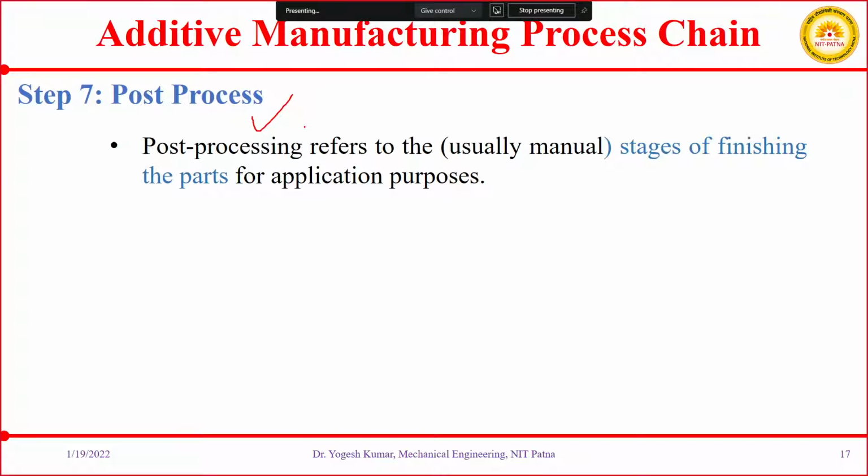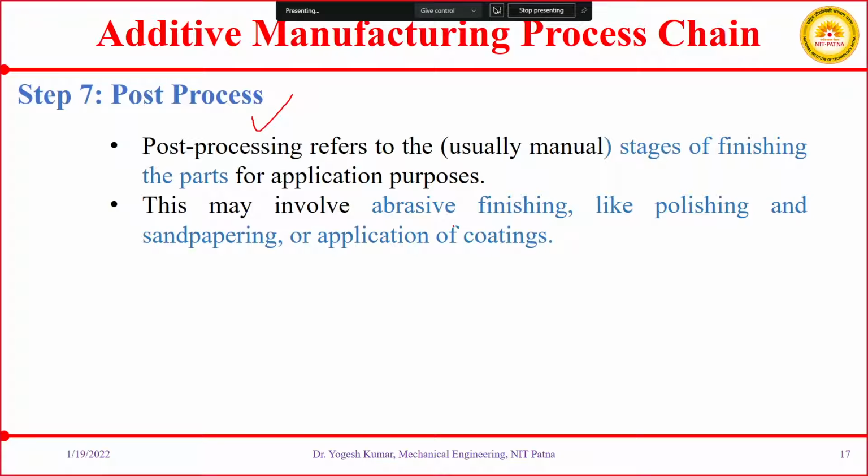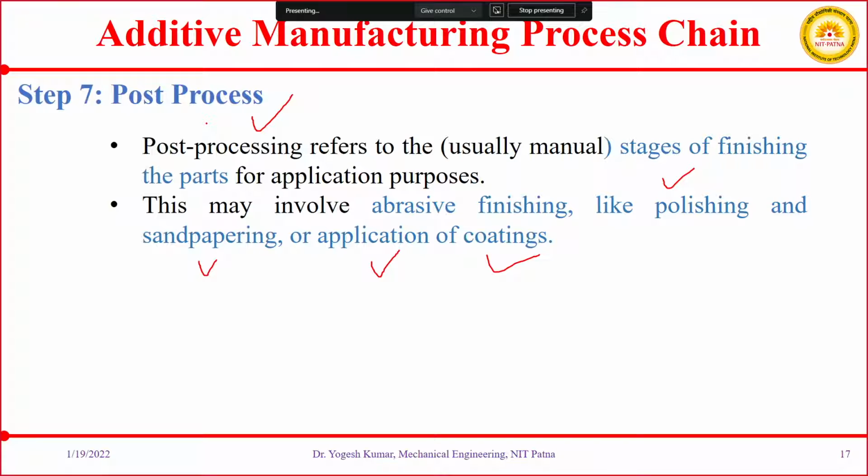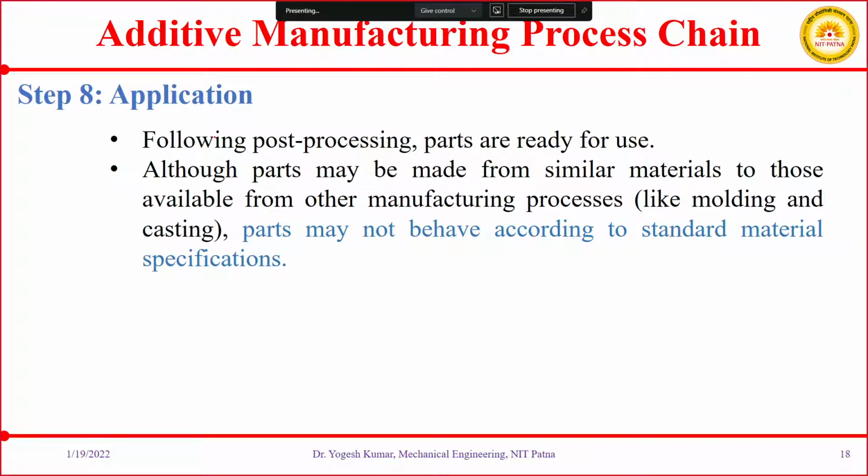You may like finishing, polishing, sandpapering in order to make the surface smoother, and sometimes you may like to put a coating on your printed component. So all these are your post processing techniques, and then your product is ready for use, and then you can use it wherever you want to use it.